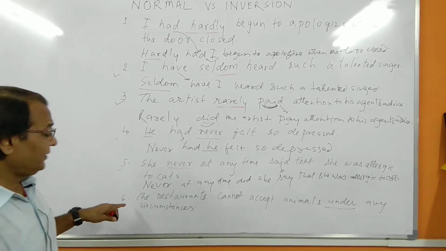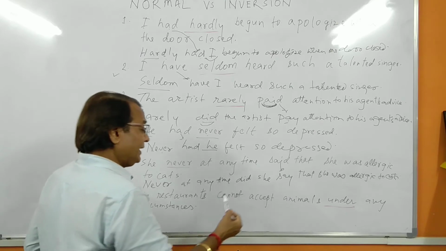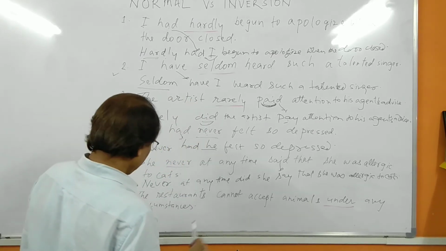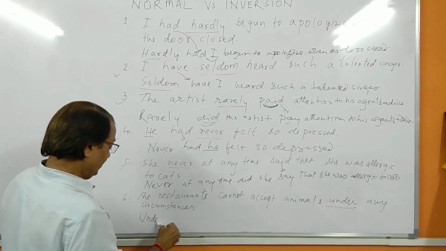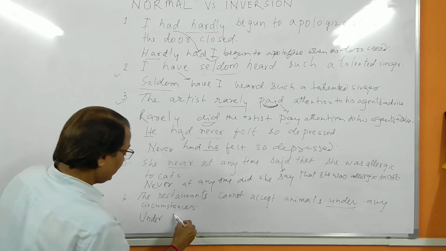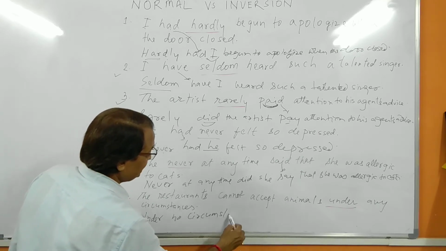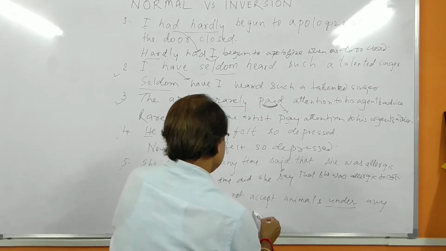Okay. Number 6 and the last one. The restaurants cannot accept animals under any circumstances. Here I am going to start this sentence with the word under. But look how I am changing here. Under no circumstances I am writing here. Under no circumstances can.